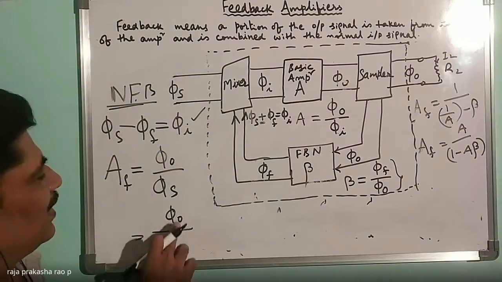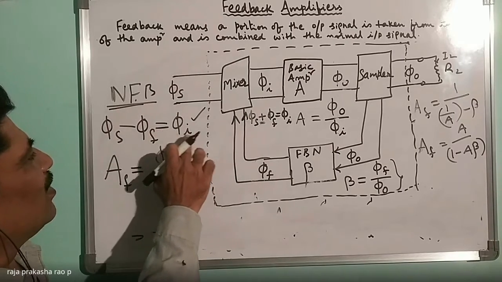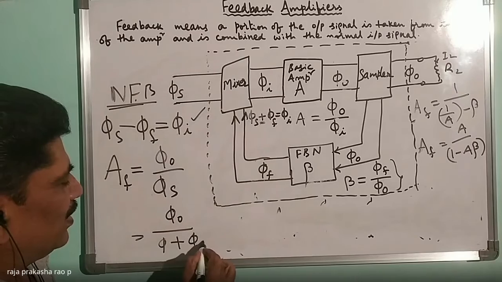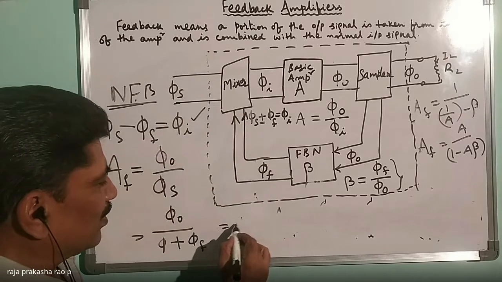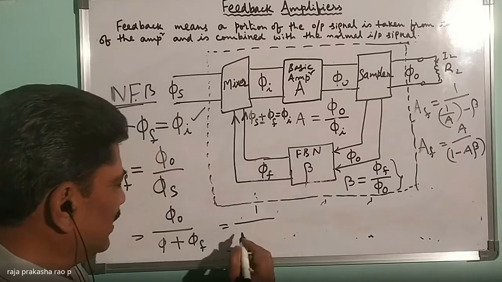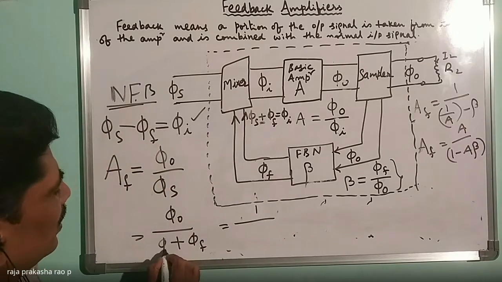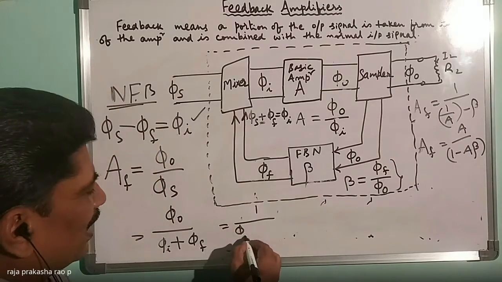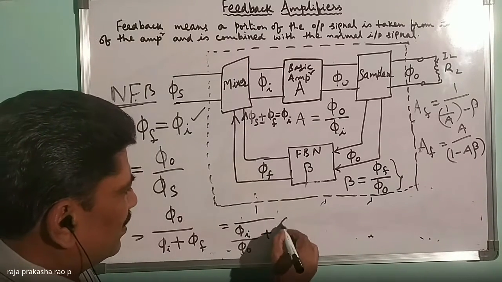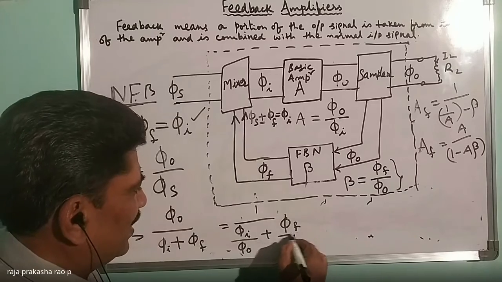So Vs is equal to, from this equation, Vi plus Vf. You said it rightly. Now divide numerator and denominator by Vo, then you will get Vi by Vo plus Vf by Vo.